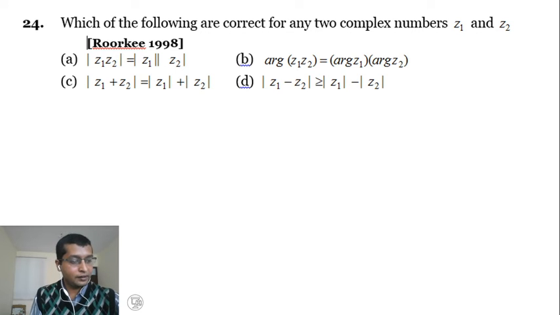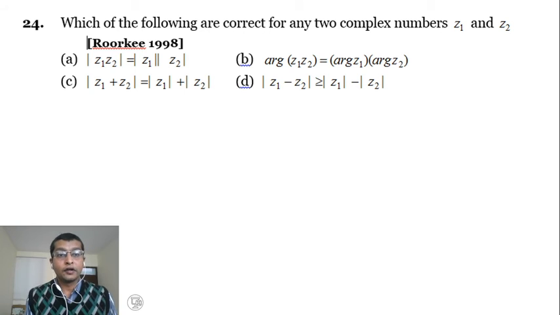That is example number 24. Which of the following are correct for any two complex numbers z1 and z2? Okay, everyone, you are familiar with the properties of complex numbers, the modulus of a complex number.